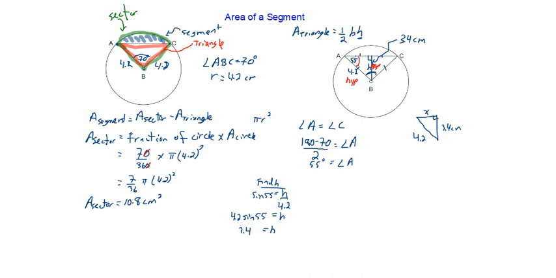So if we want to find x, we can use the Pythagorean theorem. So we know that 4.2 squared is equal to 3.4 squared plus x squared. And if we work this all out, we get 17.64 is equal to 11.56 plus x squared. And now we just want to solve the equation for x.